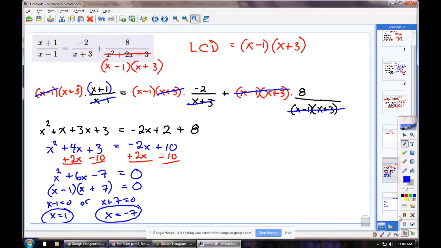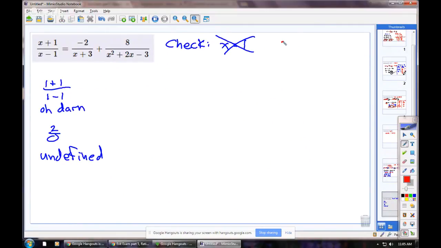Does that mean the other one has to work? The answer is no, it does not mean that. I got to check that one too. All right, x cannot be 1. Problem with the denominator. So just note, x couldn't be 1 and x couldn't be negative 3. I have another guess of negative 7. Let's check it out. All right, and how about x equals negative 7? Got to plug it in and see.